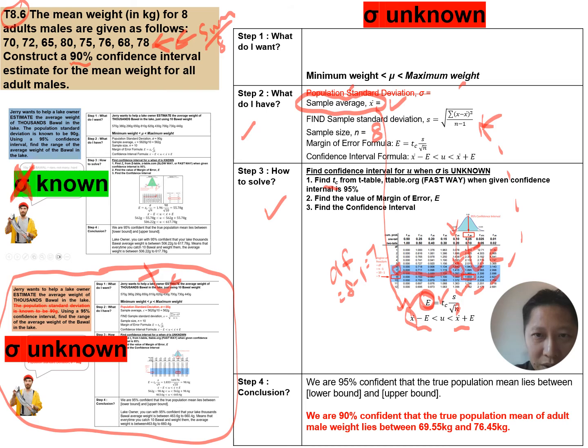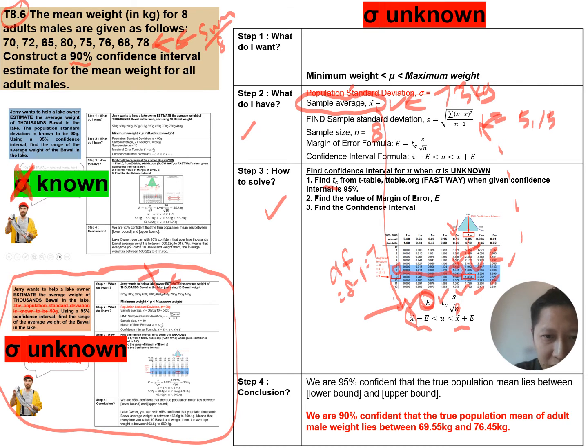Okay, after the calculation, our S will equal 5.15. Then the average will be 73 kilograms.